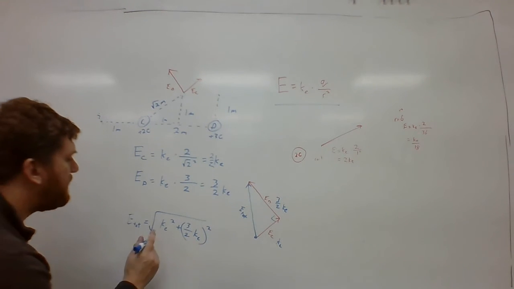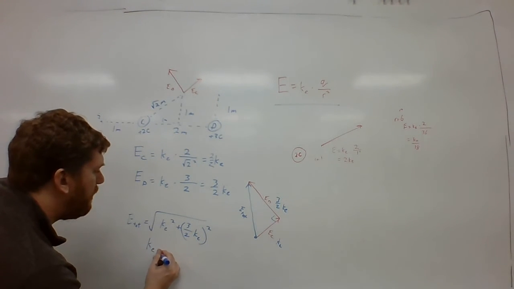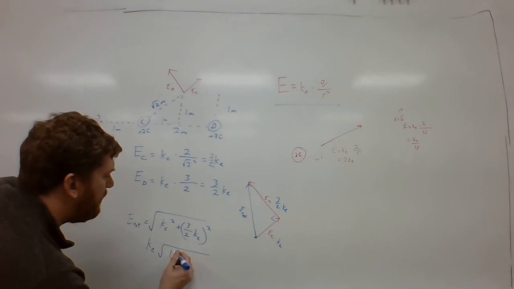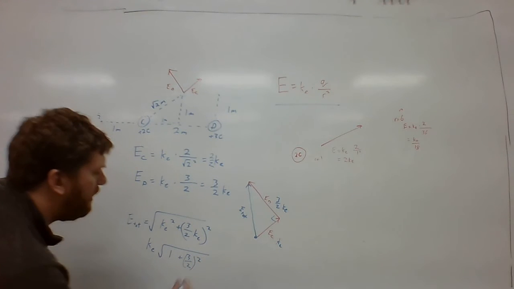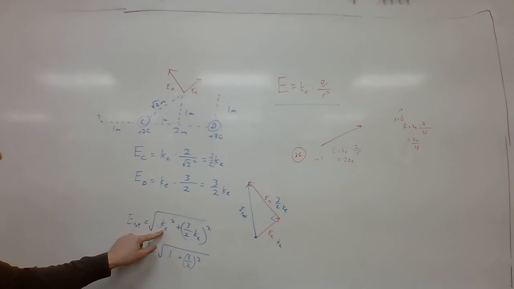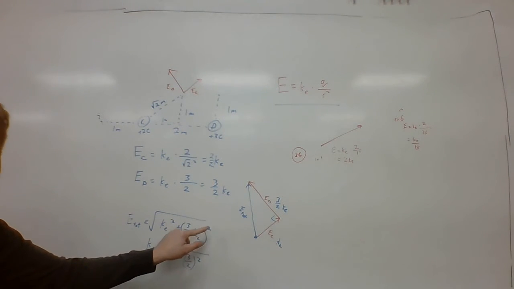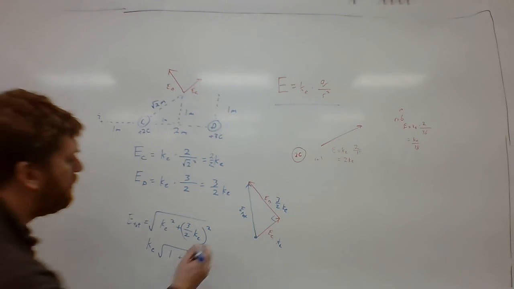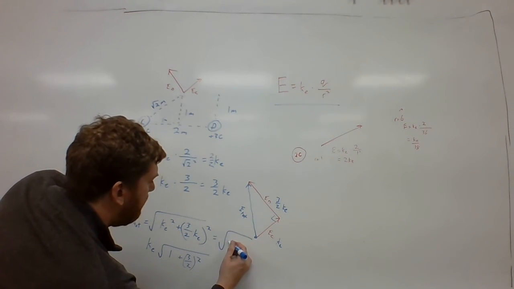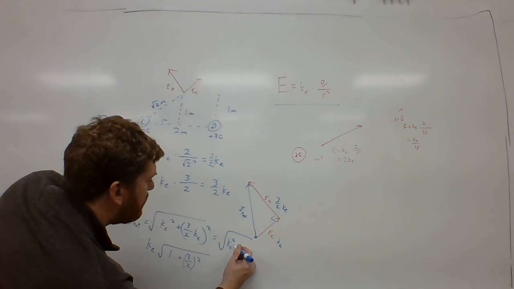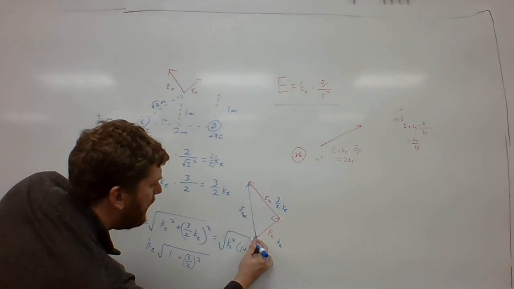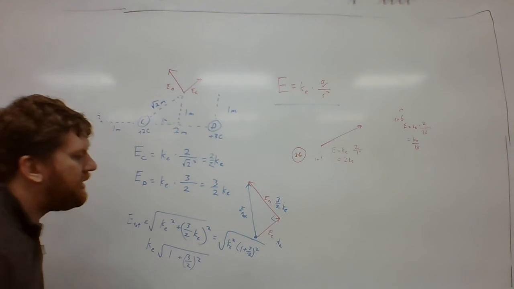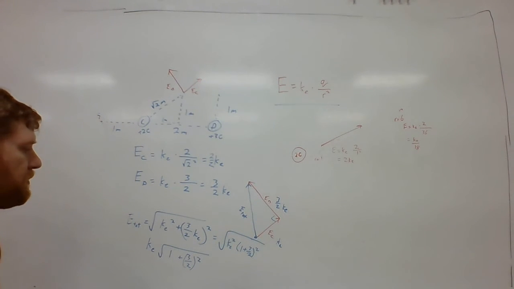We can take a k sub e out of this square root and just end up with 1 squared plus 3/2 squared. That's because there's a k sub e squared right here, and there will be a k sub e squared right here. I'll take it step by step. That'd be k sub e squared times 1 plus 3/2 squared. We could just take that k sub e squared out of there.